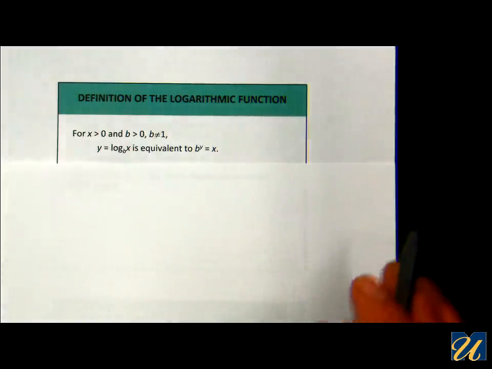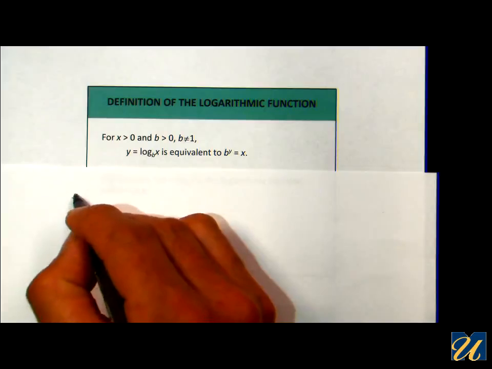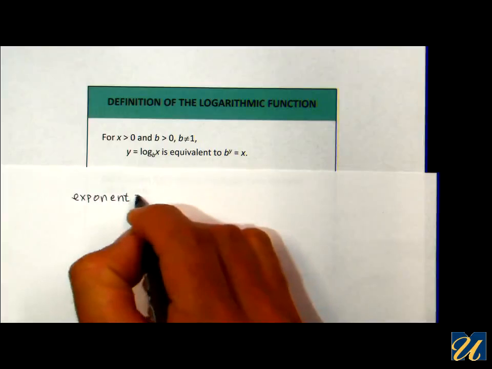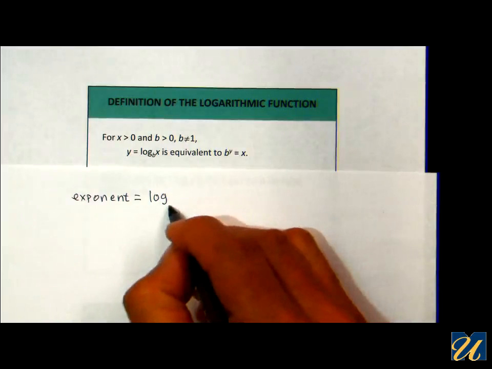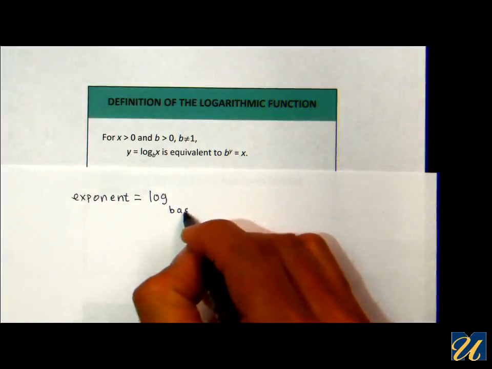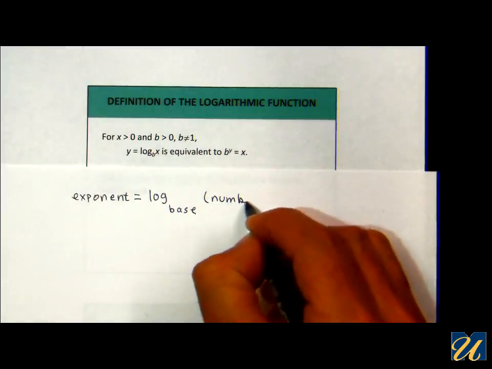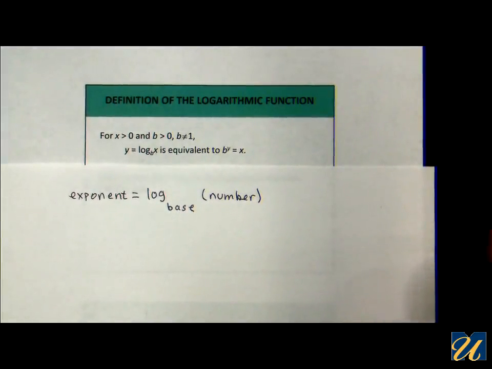So we could write this in words and say in the logarithmic form you have exponent equal to logarithm. Then we have a base down here, and then we take the logarithm of a number. So this is a way to use words instead of symbols.